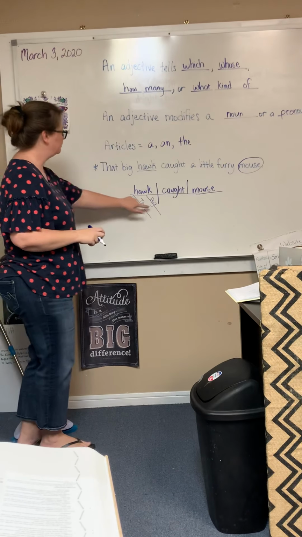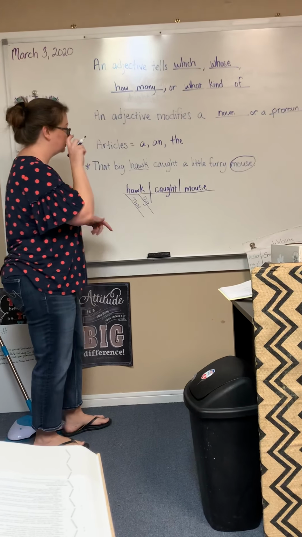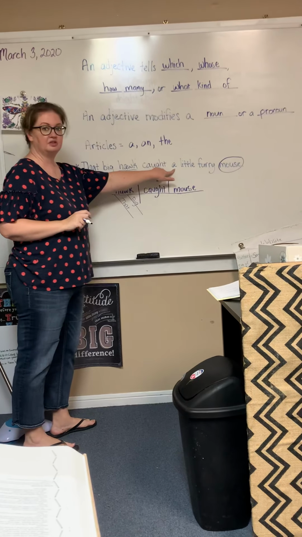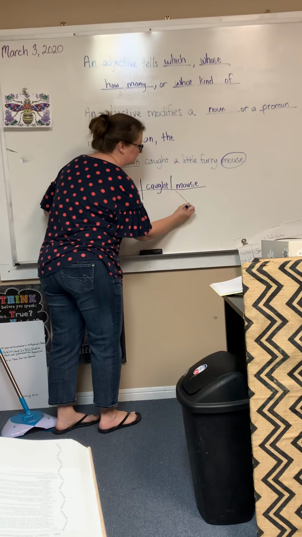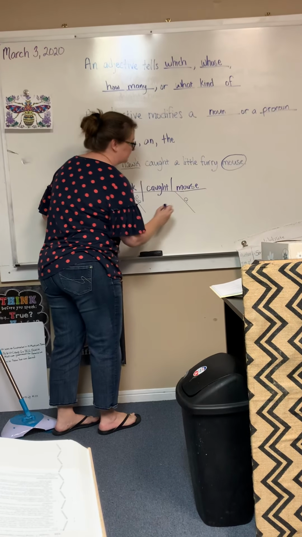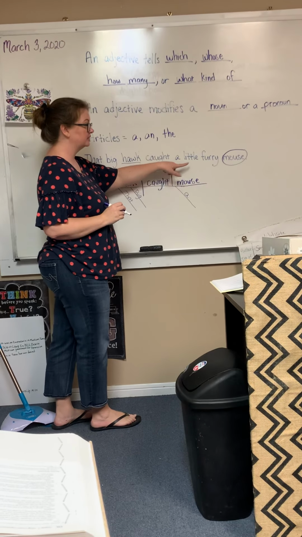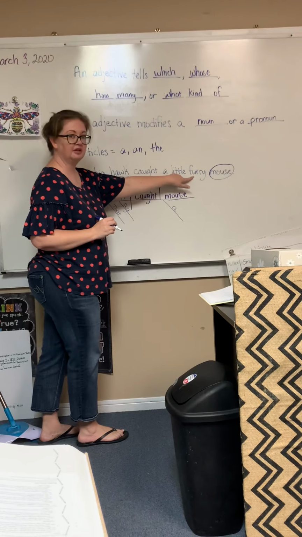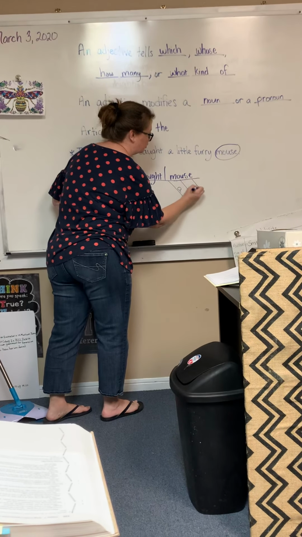Okay, so that big hawk caught, what did it catch? Well, we know that the word a is an article, so it's going to be diagrammed as an adjective. A, what kind? Little and furry. So both of those words give me more information.